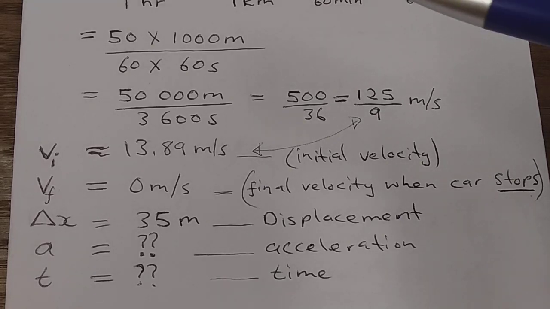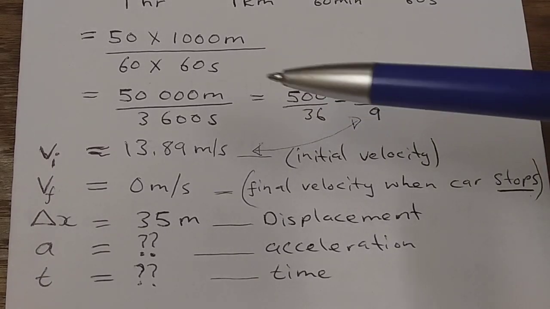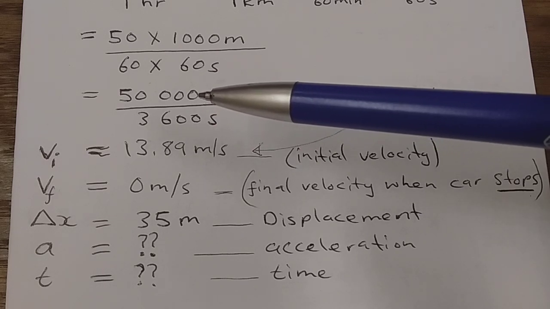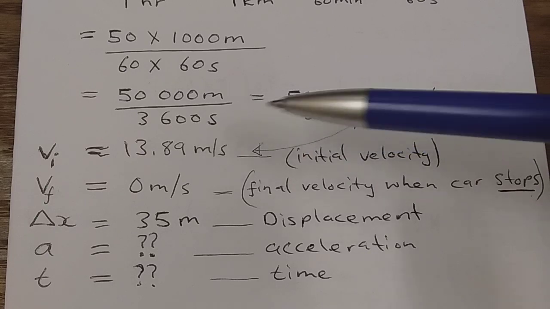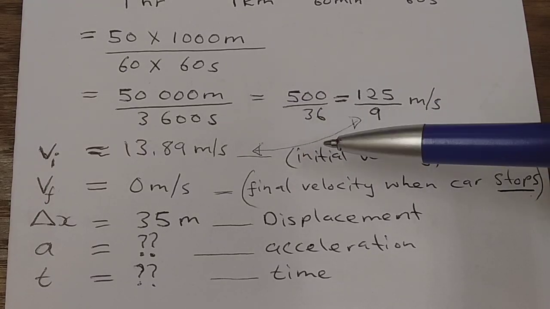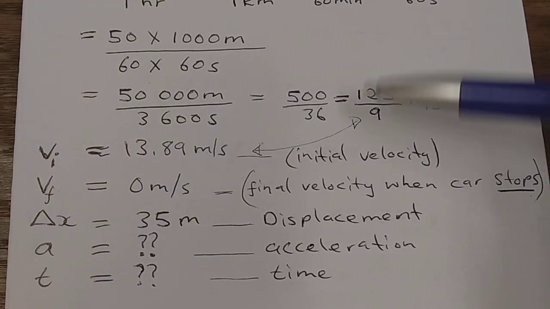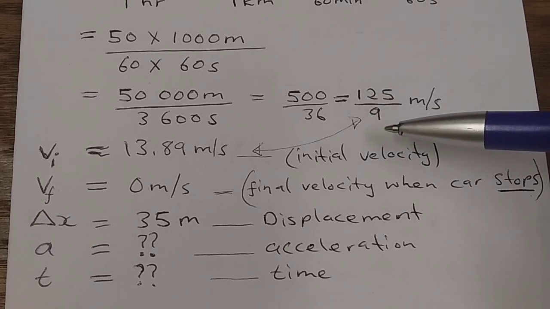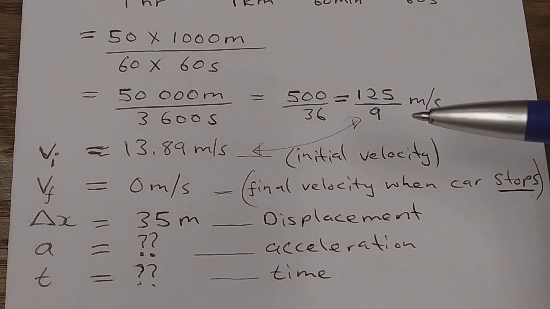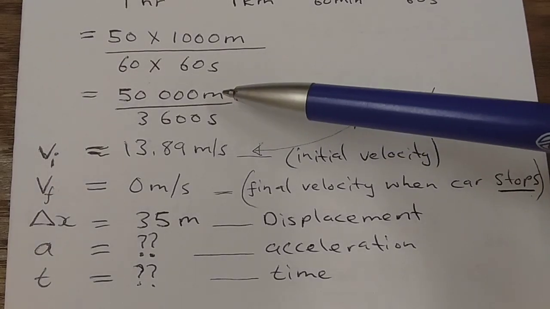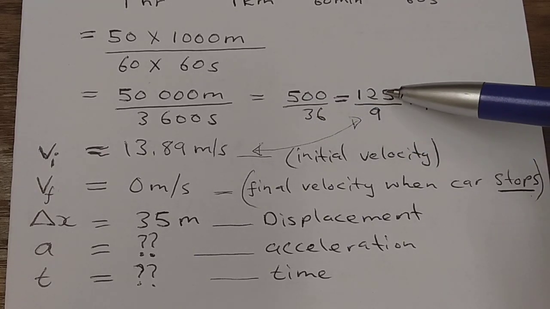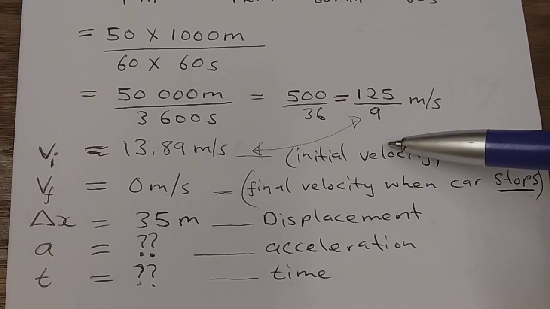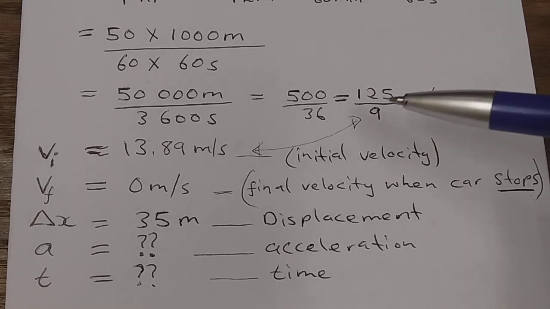So once we divide, we get 50,000 divided by 3,600 seconds, which equals 500 divided by 36. If you reduce it as a fraction, it is 125 divided by 9. We first divided by 10, then by 4, and we get 125 over 9 meters per second.